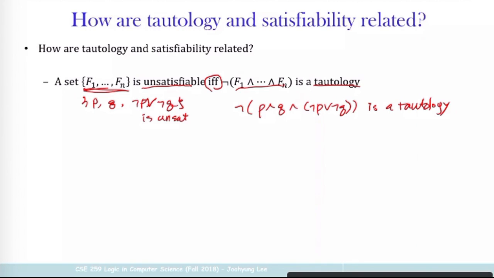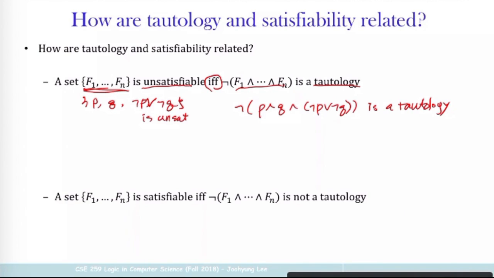So that formula must be a tautology. And the other way is the same. If this is a tautology, then not all of these conjunctive terms become true. So at least one of them is false, meaning that this is unsatisfiable. The proof is just to make this notation more formal, but the idea is the same.